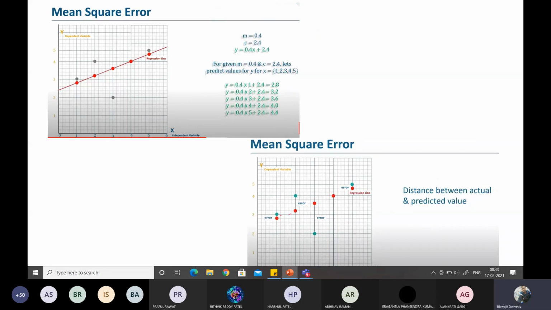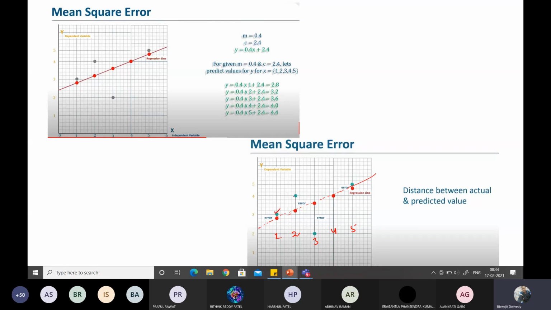You can see this is my regression line. So whatever steps we have done, this is your regression line, and these are the points which we have calculated by taking the x value as 1, 2, 3, 4, 5 like that. But originally the value was given like this.